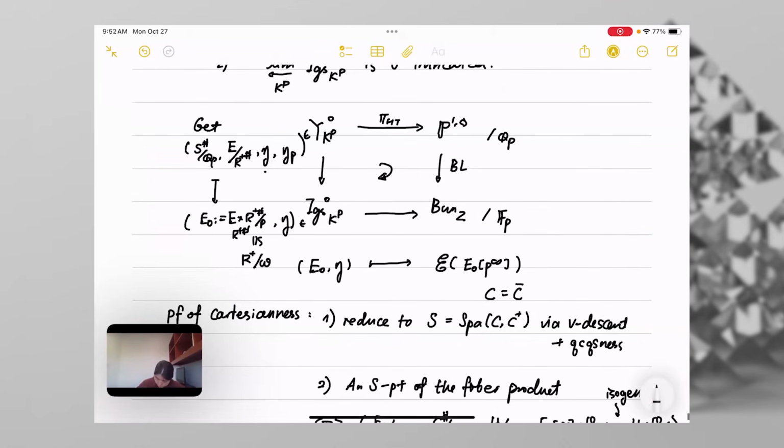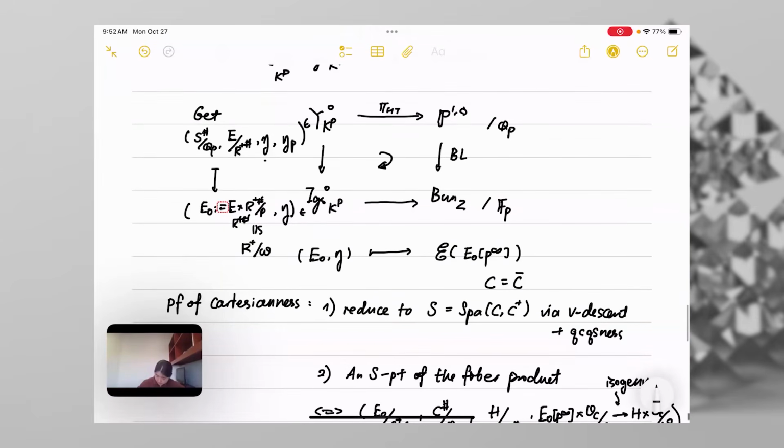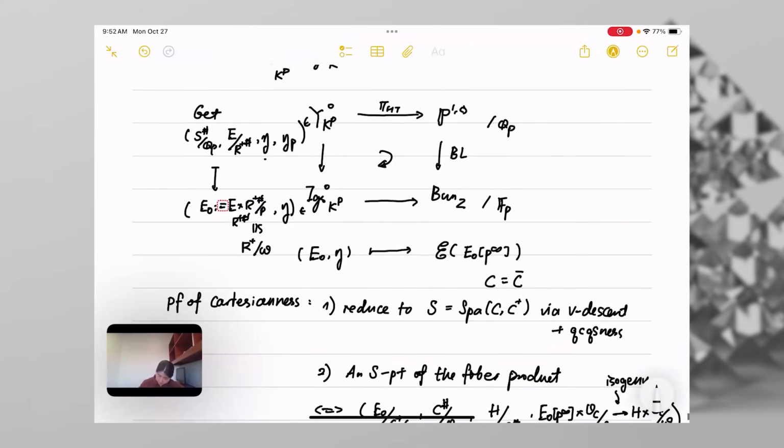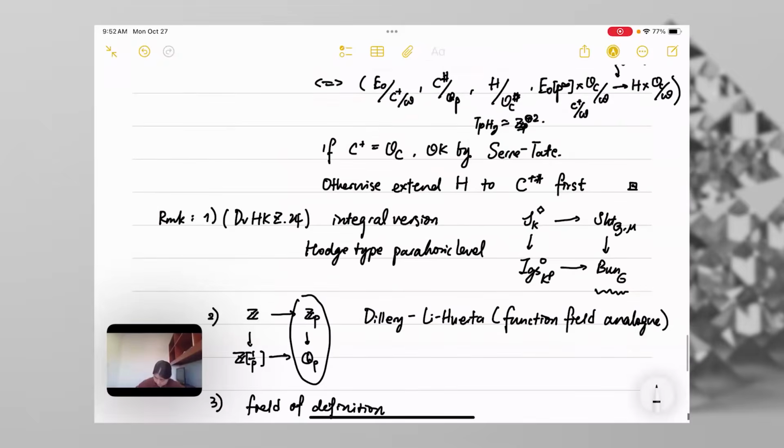And more generally, if you consider a general Shimura variety, then the top row will be defined over the local reflex field of the Hodge character. And this diagram makes it clear that all the Galois information at p of the Shimura variety comes from the structure map to this flag variety. Okay.